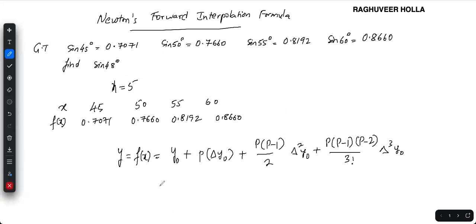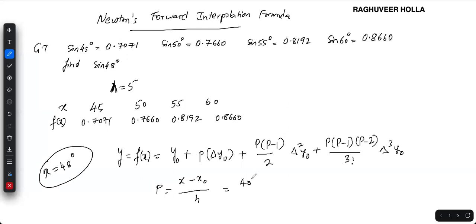Now how do you find p? So p is x minus x naught divided by h, the interval. We have to find f of x at x equal to 48 degrees, which is sine 48 degrees.